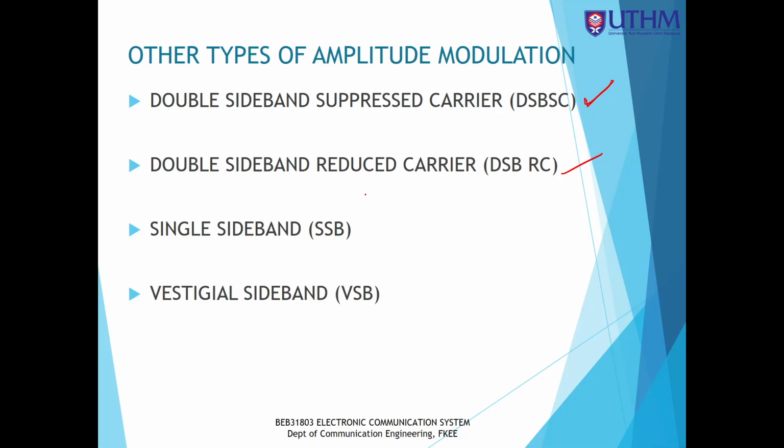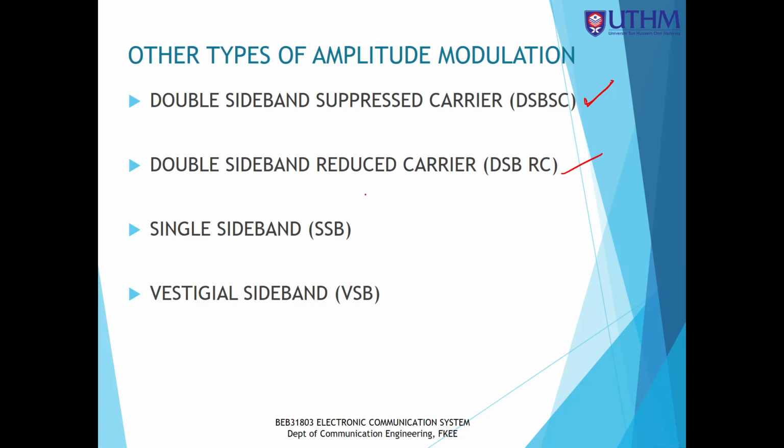For the double sideband reduced carrier, what happened is that the carrier component is smaller, reduced in terms of amplitude. Okay, the word reduce here, reduce in terms of amplitude. So that means the sideband amplitude or the sideband power is larger than the carrier component.